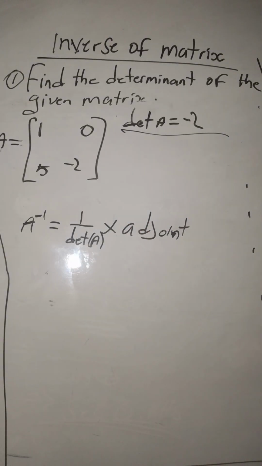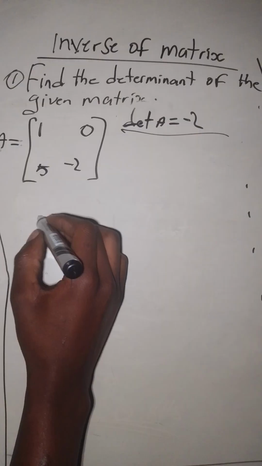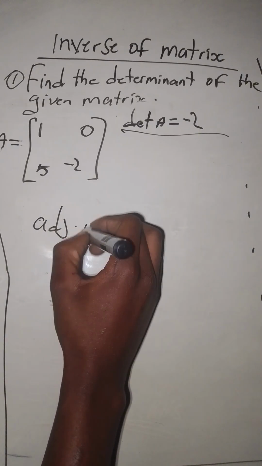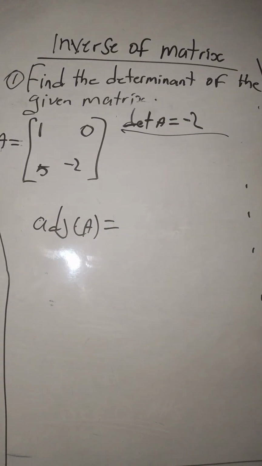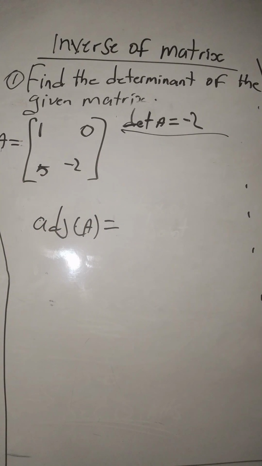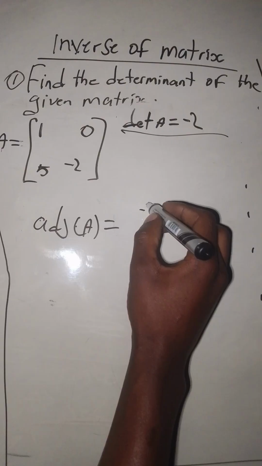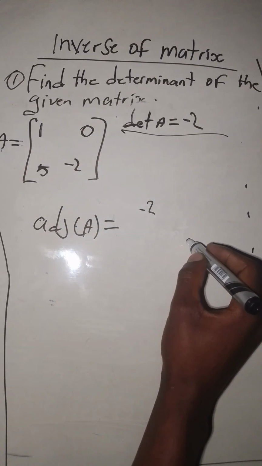How do we find the adjoint? The way you find the adjoint, you swap the entries in the leading diagonal and multiply the entries in the trailing diagonal by negative. So swap the entries here: on top you have -2 and down there you have 1.